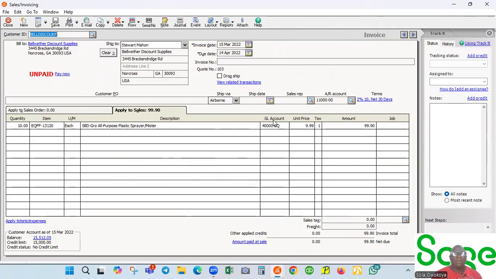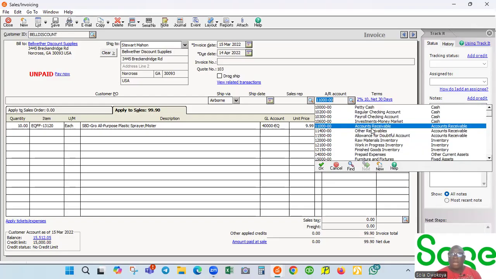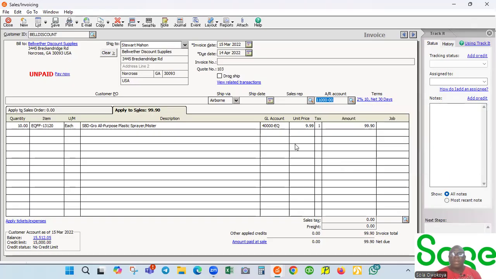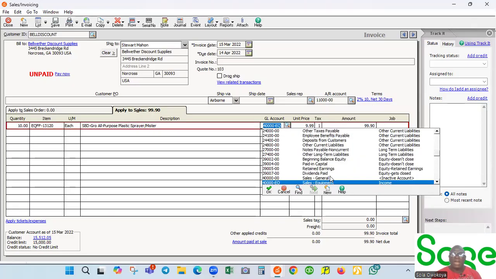So in this place now, this is a typical example of how you use Sage 50 to track income. You understand? And on this form alone, what the software does for you is it credits an account and debits an account. In this place now, what the software does is debit this AR account called accounts receivable, and it's crediting your income account.